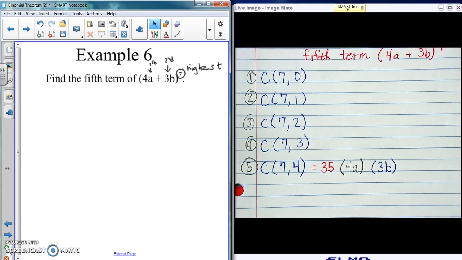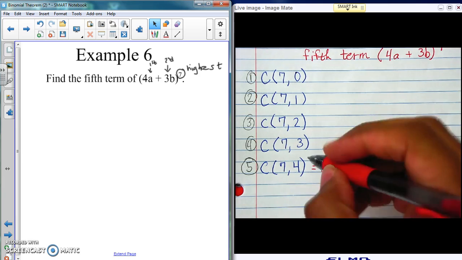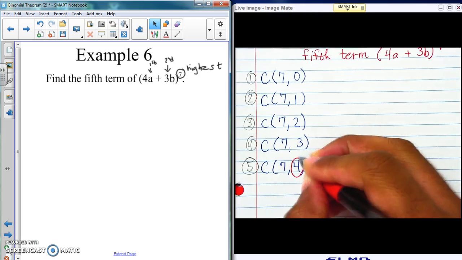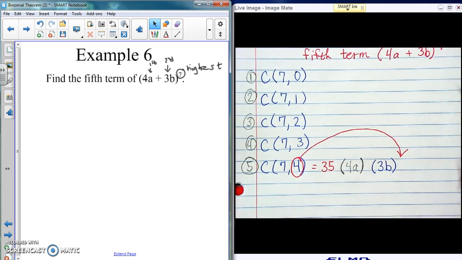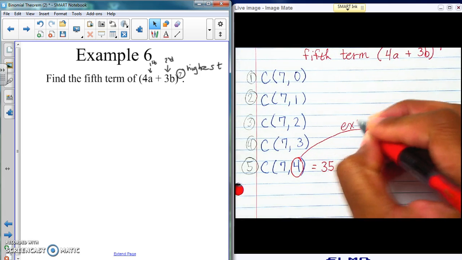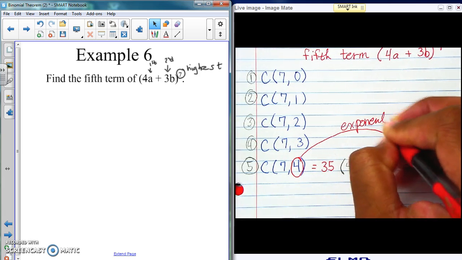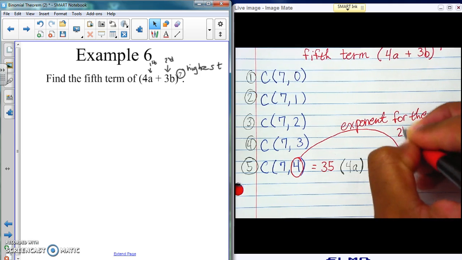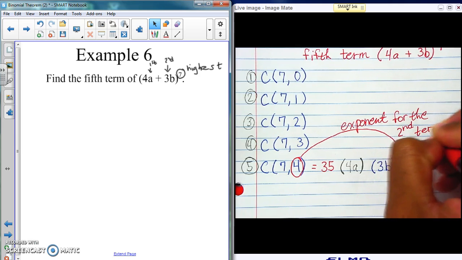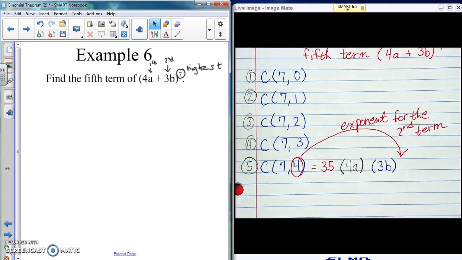Now, to make this as simple as possible, whatever this number is, that will be the exponent for the back, the exponent for the second term here.